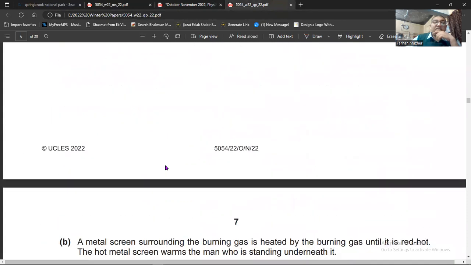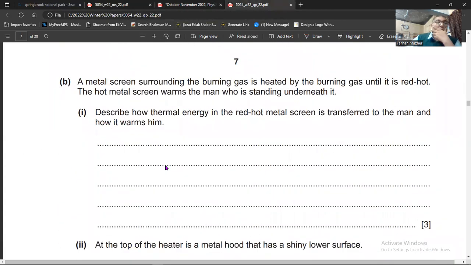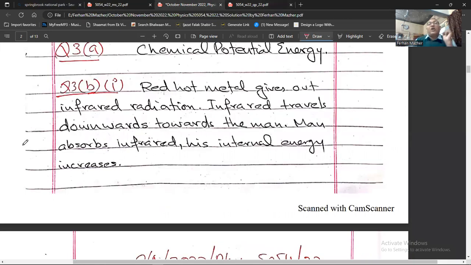So let's read the statement again. Describe how thermal energy in the red hot metal screen is transferred to the man and how it warms him. Red hot metals give out infrared radiation. Infrared travels downwards towards the man. The man absorbs infrared.